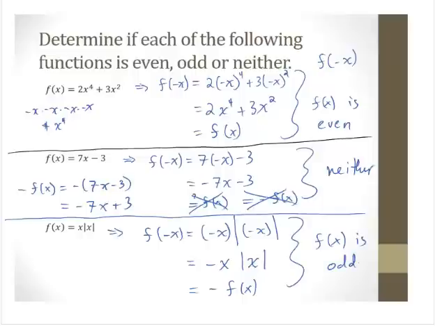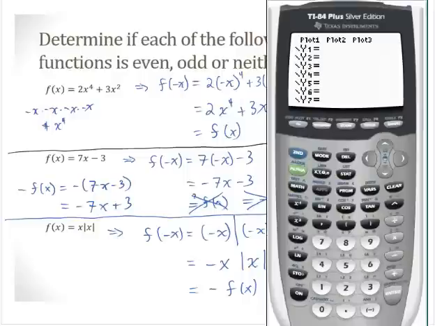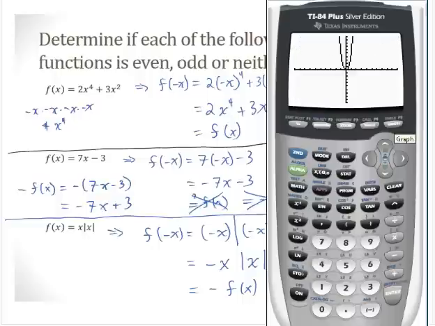And we can verify these. Let's take a quick look on the calculator. Alright, so on the calculator, let me graph that first function: y equals 2x to the fourth plus 3x squared. I'm just going to graph that in the standard window. And notice it does appear to have that symmetry. It does appear to be even. It has that symmetry about the y-axis.